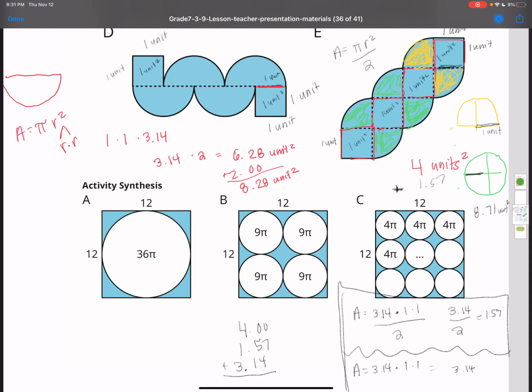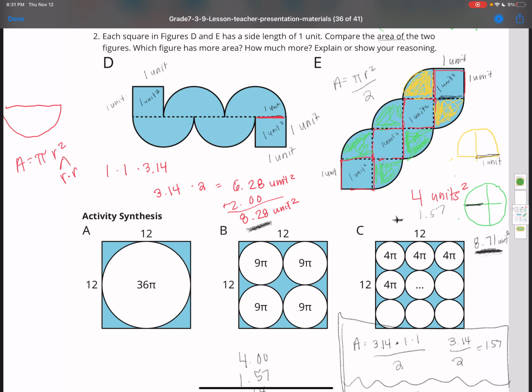So which figure has the more area? Explain, and how much more? So what would I have to do with these two numbers if I want to figure out how much more? So you think about this at home. Figure E has more area, but how much more? Okay.